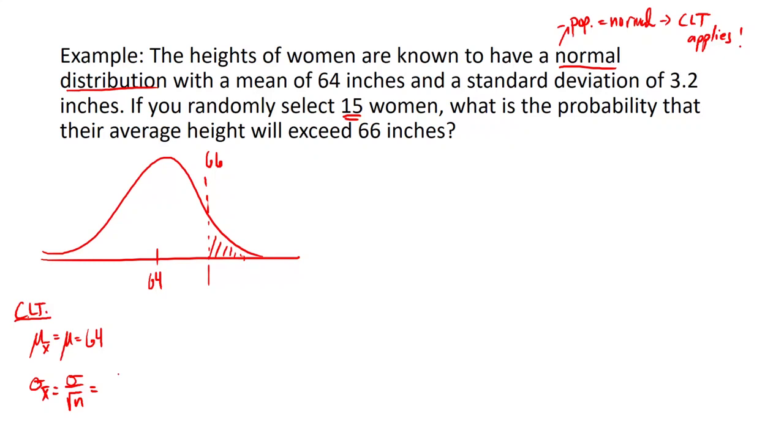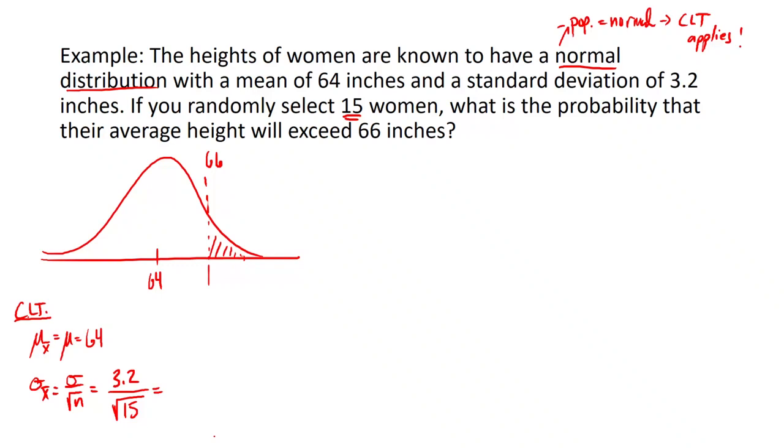So the population standard deviation was 3.2 inches, but that's now going to decrease by a factor of root 15, according to the central limit theorem. Okay. So what we have to do here is update our standard deviation to take into account the fact that we sampled and averaged multiple people.